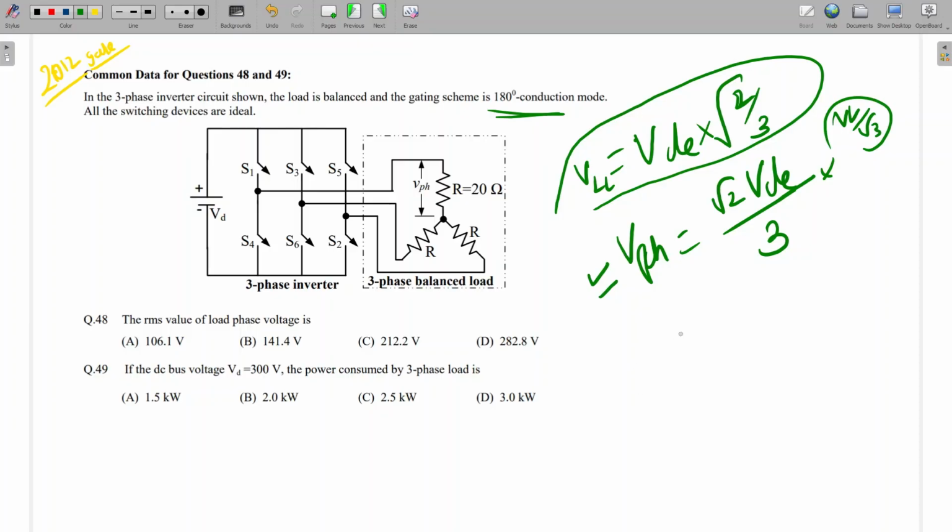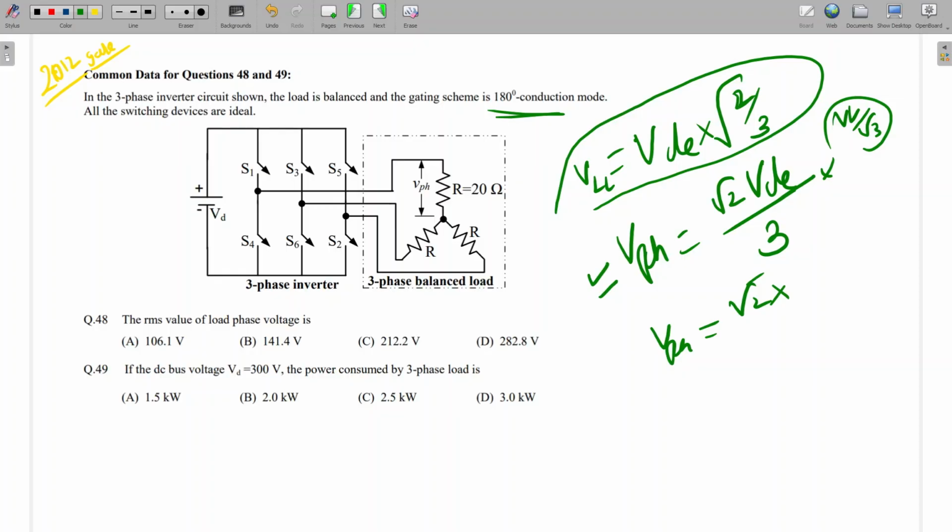So our phase voltage will be root 2 into VDC. How much is VDC? It's not given here. Sir, I think it is not mentioned here, but the question gives the VDC value.